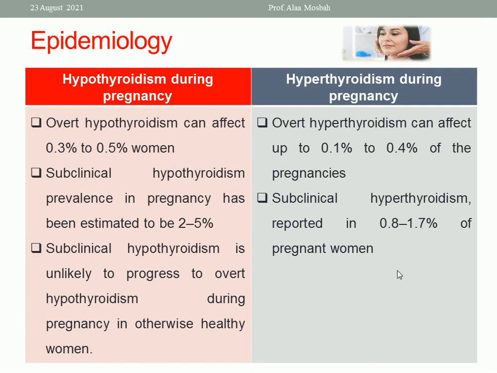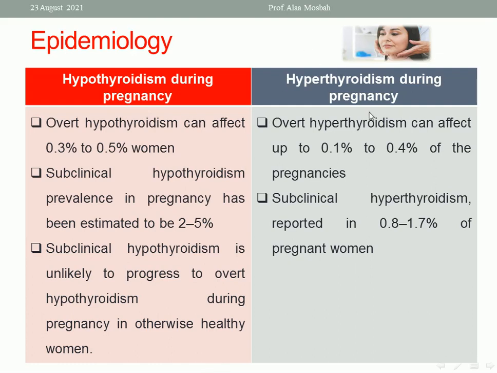Subclinical hypothyroidism is unlikely to progress to overt hypothyroidism during pregnancy in otherwise healthy women, so mostly the woman will stay in subclinical hypothyroidism during pregnancy.